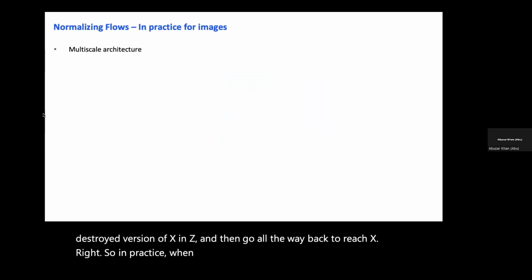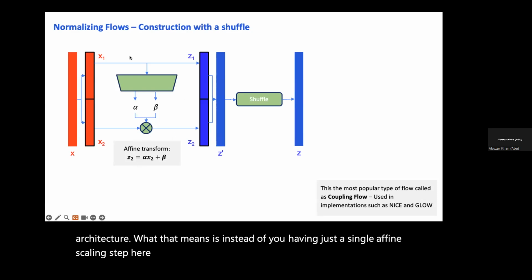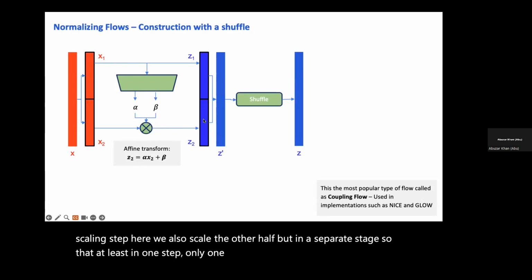In practice, when we do it for images, we use a multi-scale architecture. What that means is instead of having just a single affine scaling step here, we also scale the other half, but in a separate stage, so that in any one step only one of them is transformed.